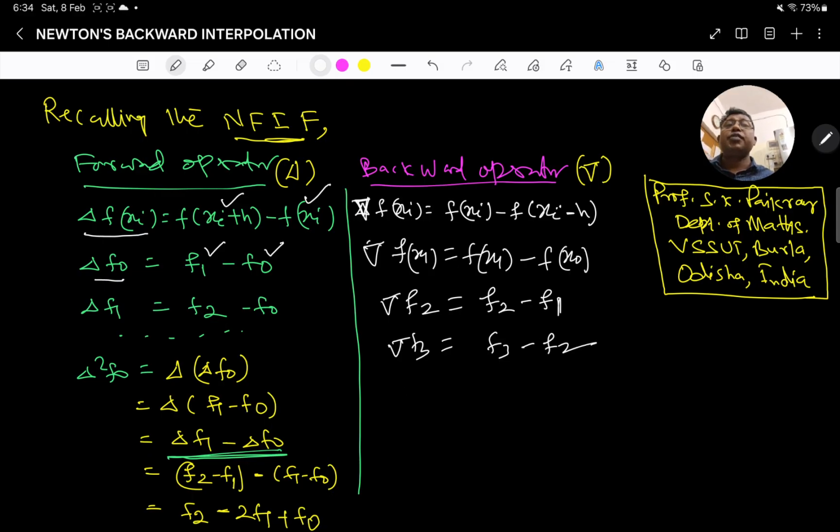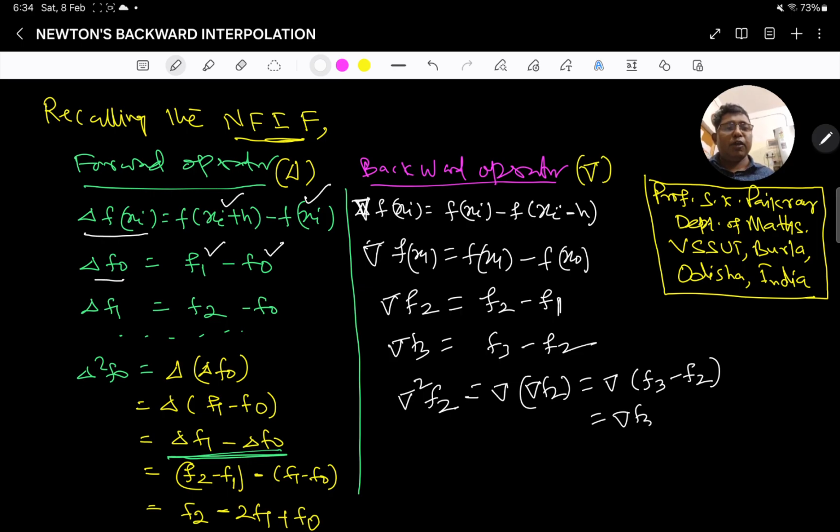If I likewise ask you what is your del square f2, then it will be del f2, now del f2 value I substitute, it is f3 minus f2. So this is del f3 minus del f2.